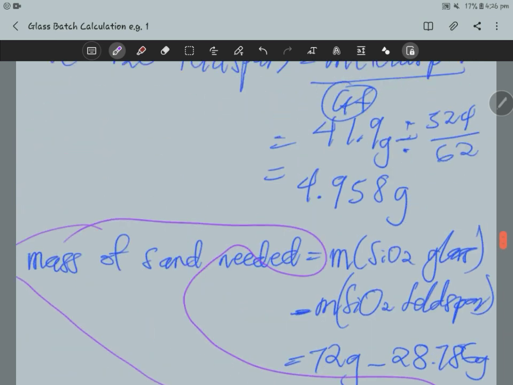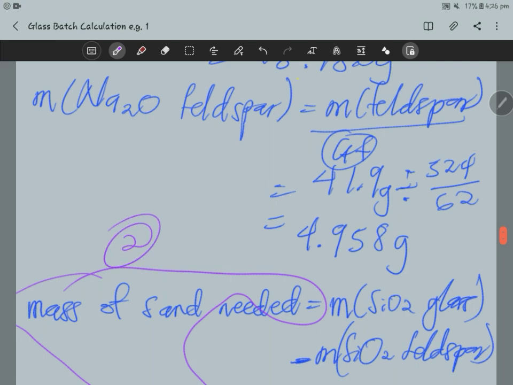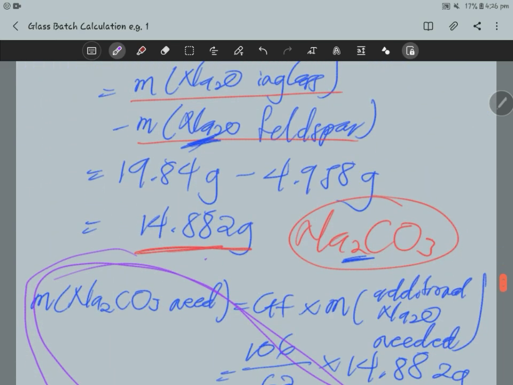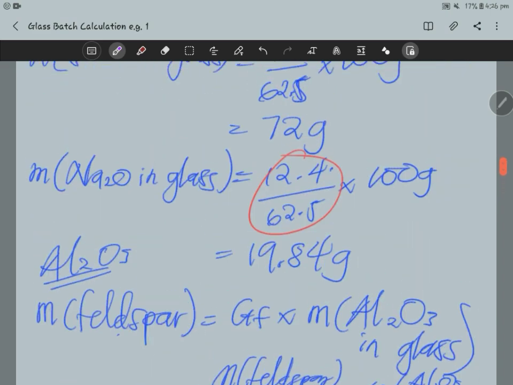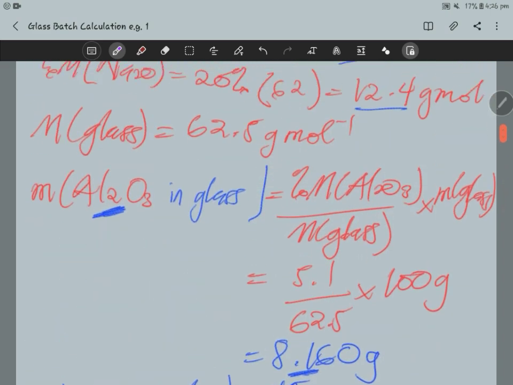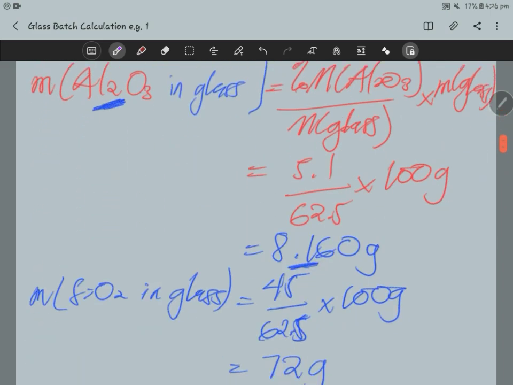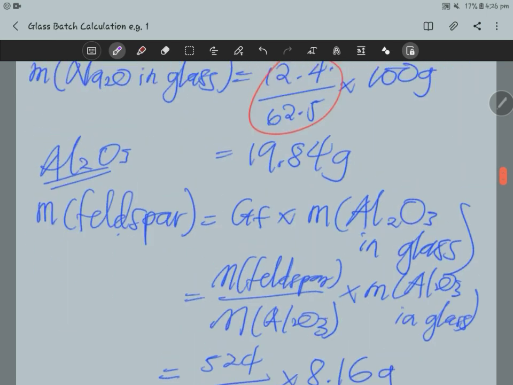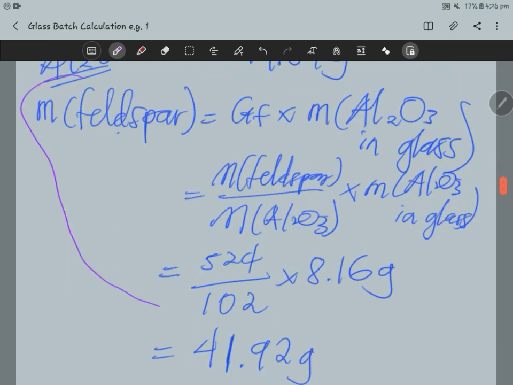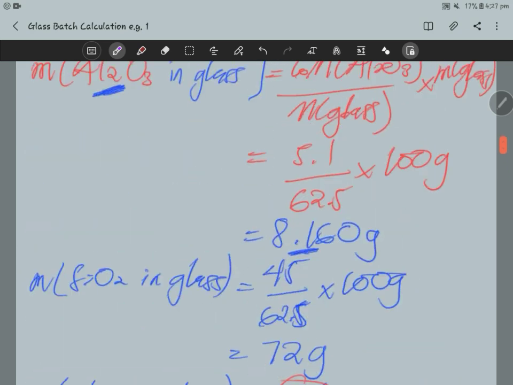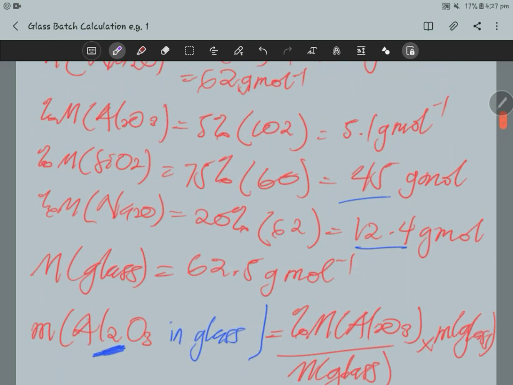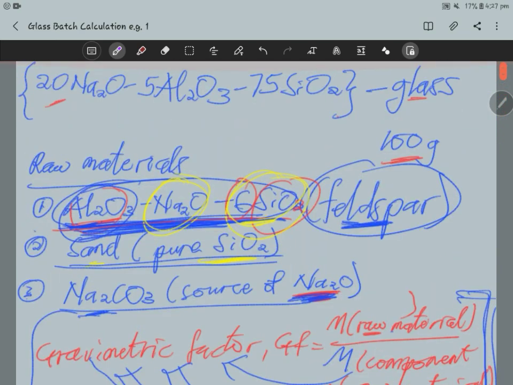There's the second raw material. Let me just write this: there's 2, there's 3, and then 1. The mass of the feldspar, which is what we found earlier, is this right here. So these are the raw materials, these are their masses, these are the calculations, the equations, and the understanding. So yeah, that's it. All right.